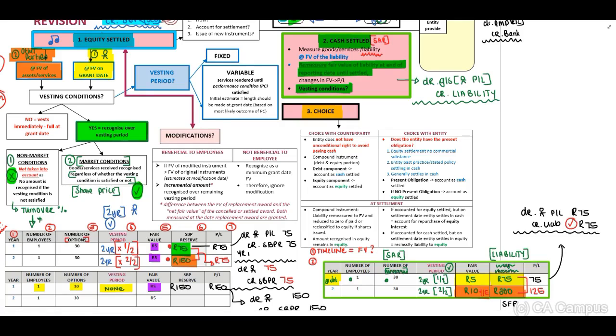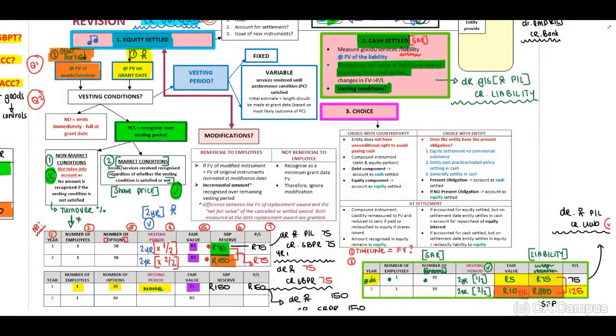Our additional portion will then be to debit our employee expenses, credit our liability with 125. And at the end of the reporting period, our total liability amount in our statement of financial position will now be 300 Rand.